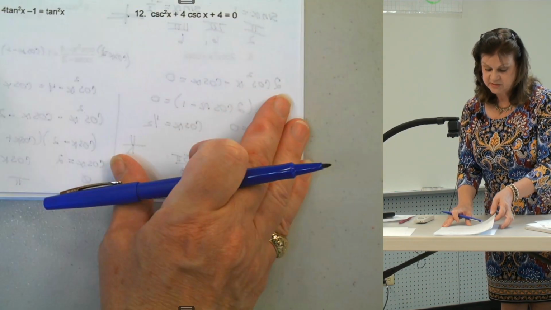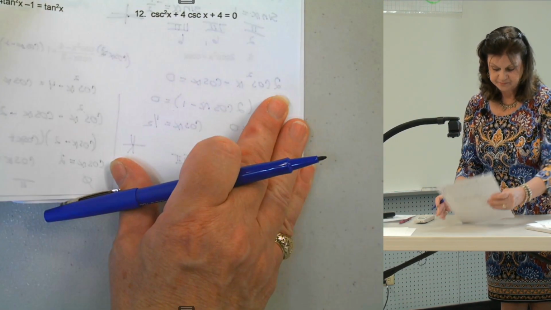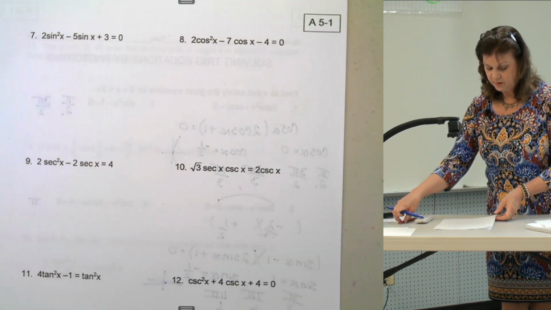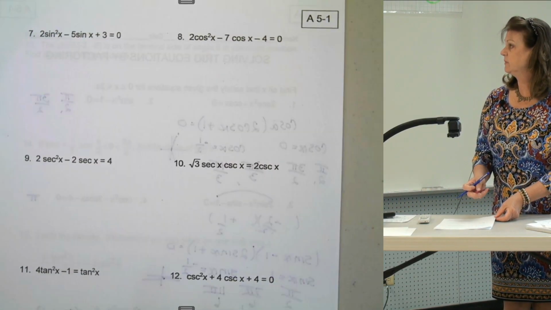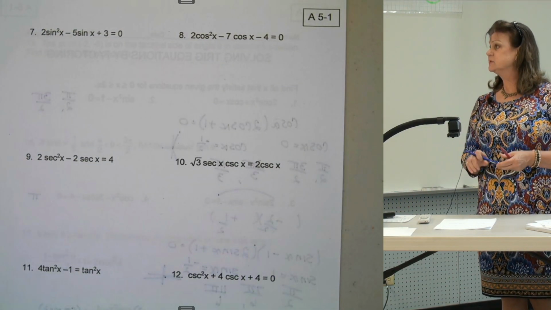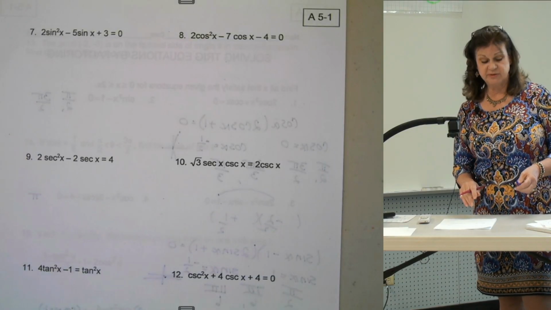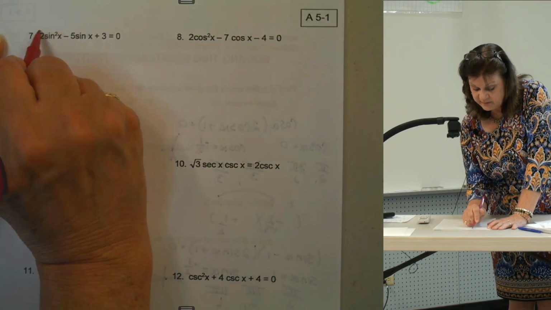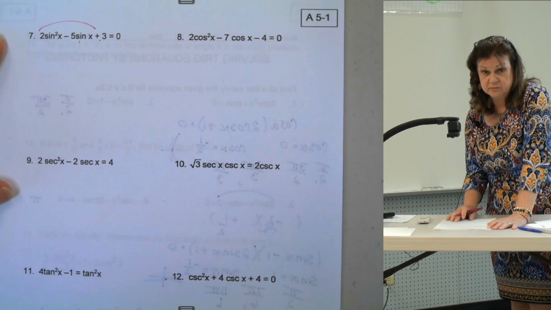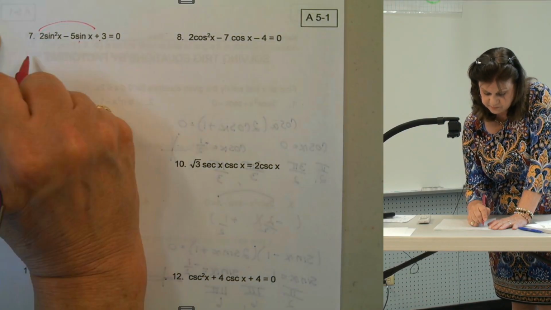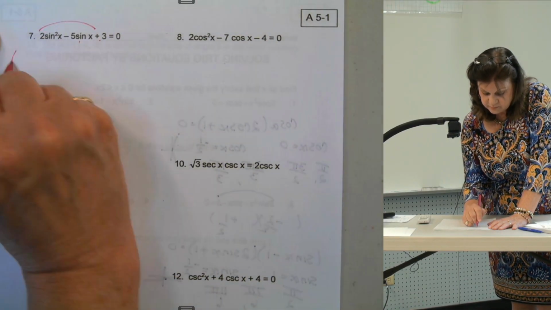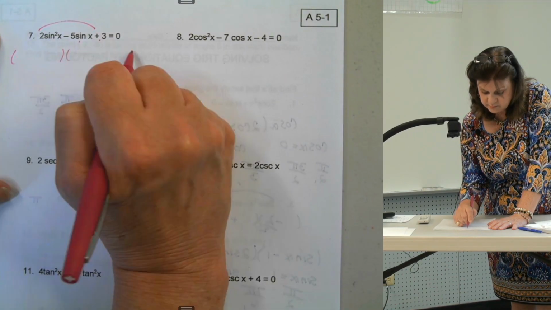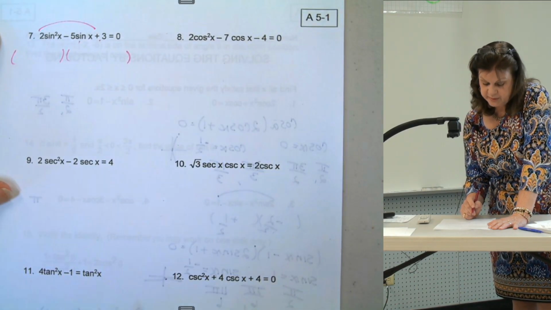All right, let's look at problem 5. 2 sine squared minus 5 sine plus 3. Again, if it was 2x squared minus 5x plus 3, you'd be looking for factors of 6 that add to give you 5, right? We agree?